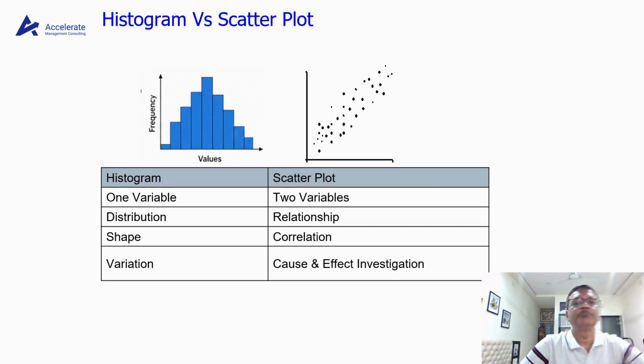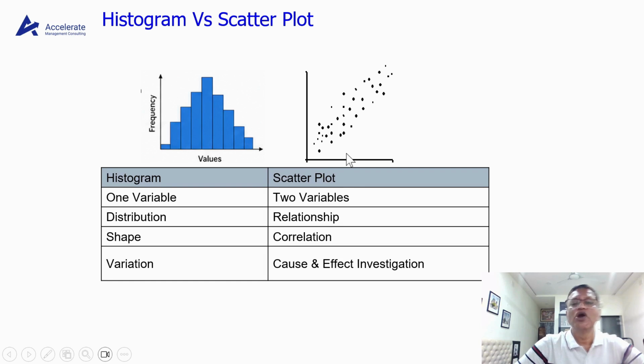Well, lastly, let's look at how histograms and scatter plots are different. In a histogram, as we saw, it's one variable. A histogram shows the distribution of the data. It also talks about the shape of the data and variation in the data. Whereas a scatter plot is about two variables, and it shows the correlation and relationship between the two variables.